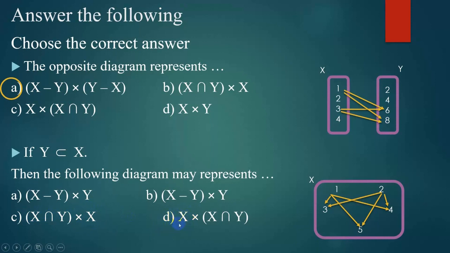Number D, it's obvious it's not the right answer, because in this case the arrows are supposed to be oriented from each element in x. In other words, each element in x is supposed to be a first projection.